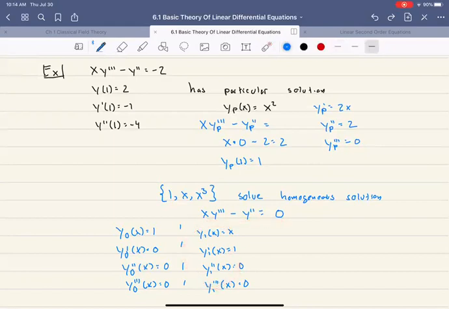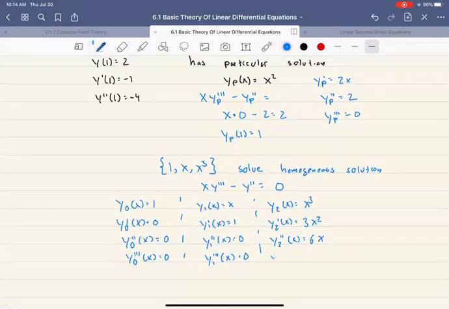Okay, let's look at x cubed as well. Let's call that y2 of x. So y2 of x is x cubed. y2 prime of x is 3x squared. y2 double prime of x is 6x. And y2 triple prime of x is 6.